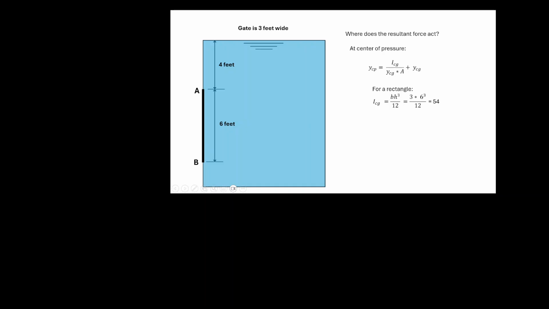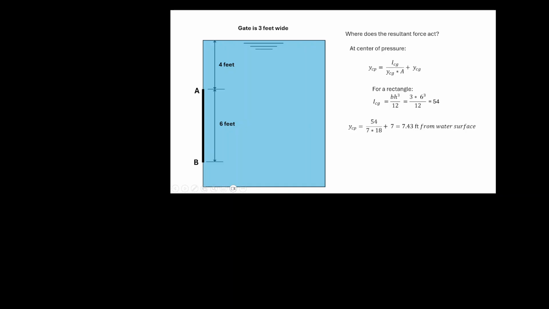So the moment of inertia for a rectangle is going to be the base, which is 3 feet, times the height, which is 6 feet, and then you cube the height, and then you divide it by 12, and you get 54. Then when you plug the rest of the terms into the equation, you get 54 divided by, remember that the depth to the center of gravity was 7 feet, times the area, which was 18 feet squared, and then you add that to the depth to the center of gravity, again, which is 7 feet.